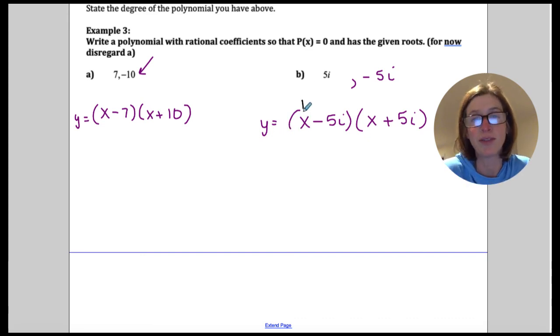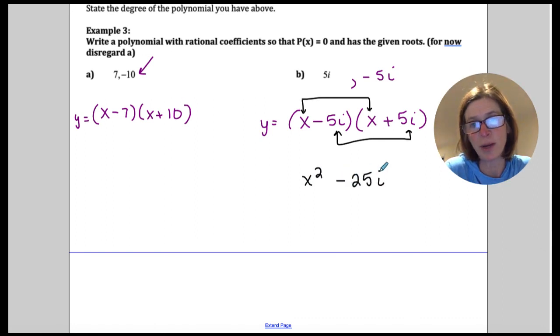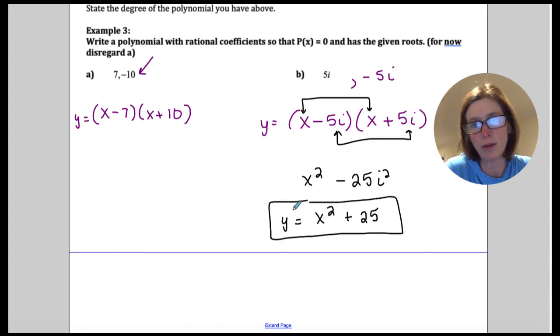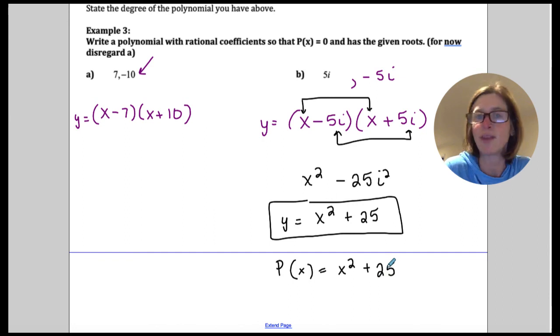We only have to multiply the first to the first and the last to the last, giving me x squared minus 25i squared. I know you all remember at this point, i squared is negative 1, so this becomes x squared plus 25. y equals. And there is our polynomial function. Also could write it as p of x equals x squared plus 25.